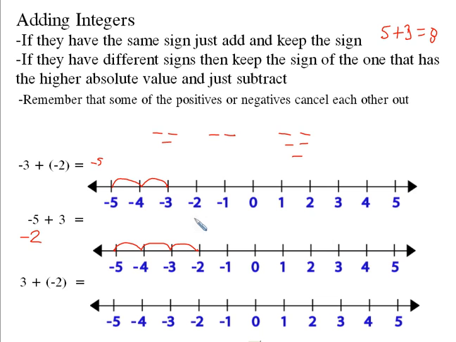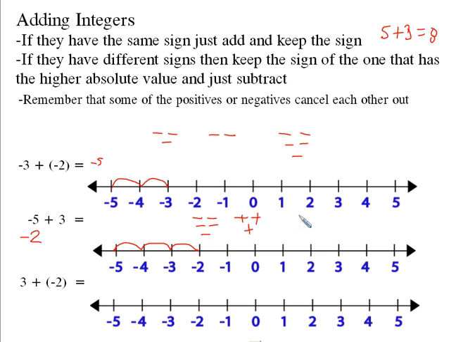And what I mean by some of the things canceling each other out: 1, 2, 3, 4, 5 plus 1, 2, 3. Now, if I give you something and then take it away, then you have the same as you did before. And these cancel out. This one here cancels out with that one there. This one cancels out with that one. This one cancels out with that one.